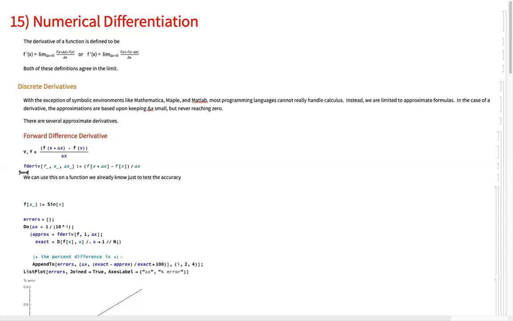So I've written a little function here called f deriv for forward derivative. The arguments are the name of the function, the point that you're interested in, and your delta x value. Remember, we're going to choose delta x to be something small, 0.01, 0.001, 0.0001. Make it as small as you can, but it won't ever quite go to 0.